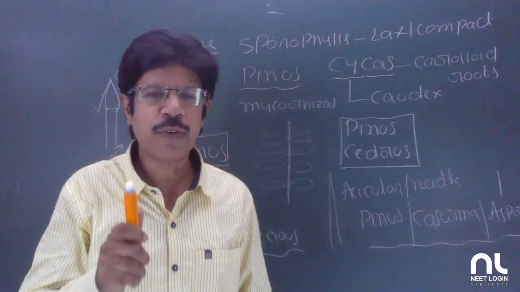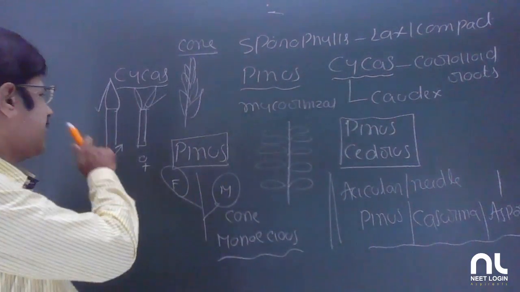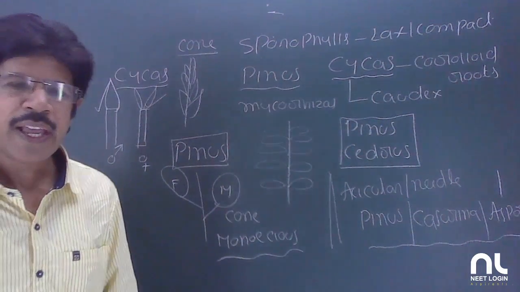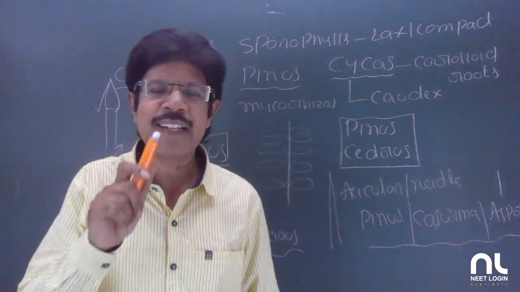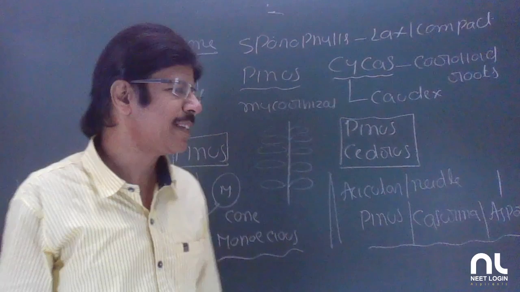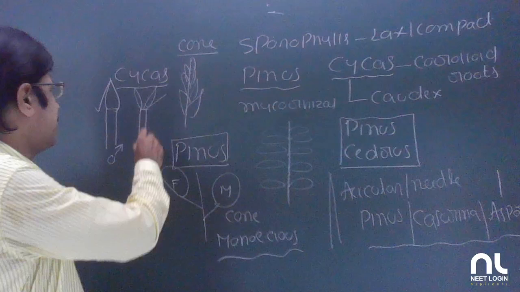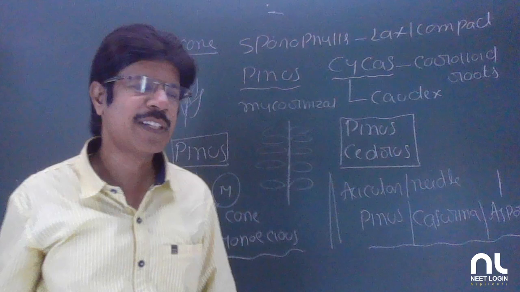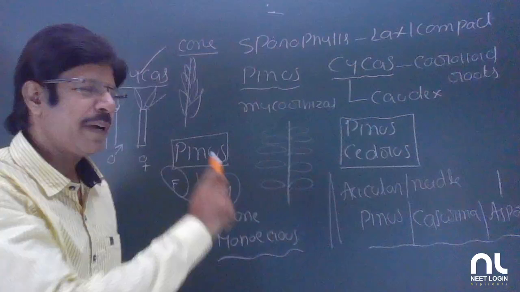Compacted sporophylls, the male cone, refer to the male plant of Cycas. So both compacted and lax sporophylls are present in Cycas, while only compacted sporophylls are present in Pinus.